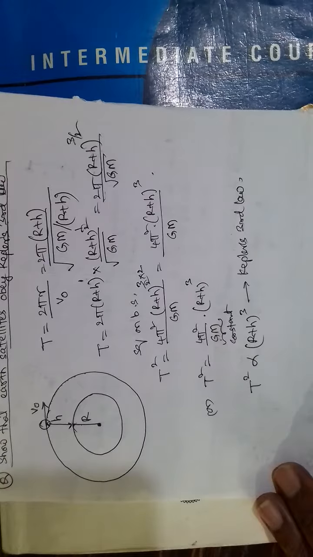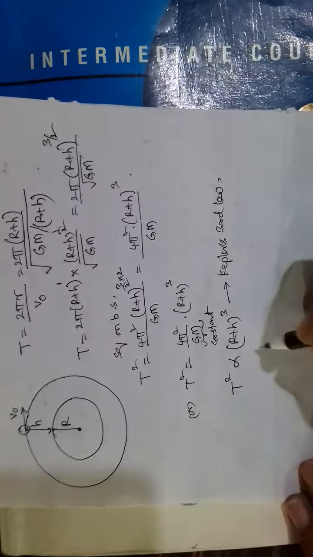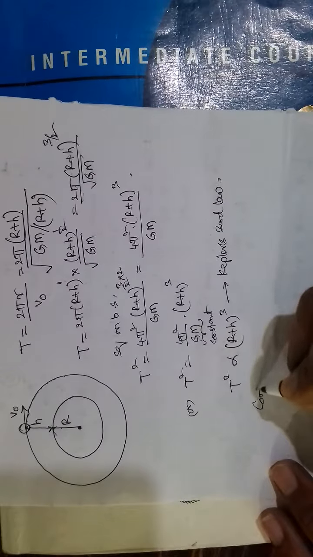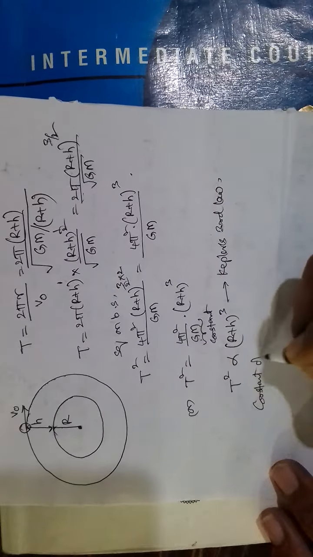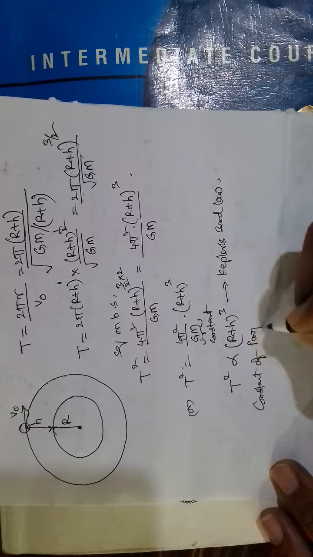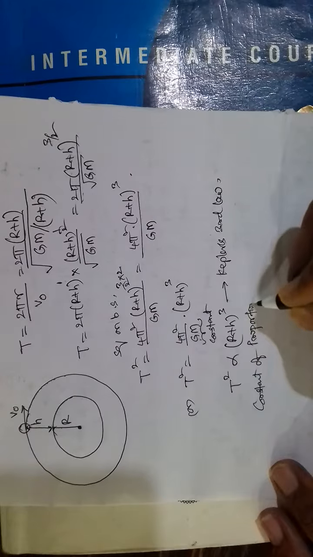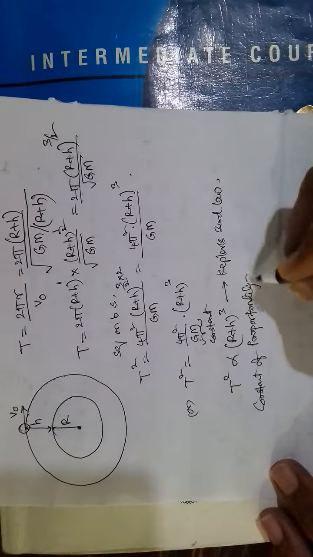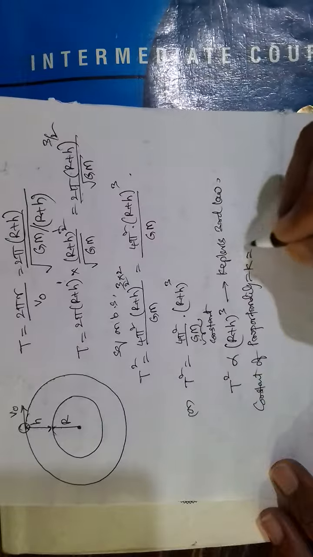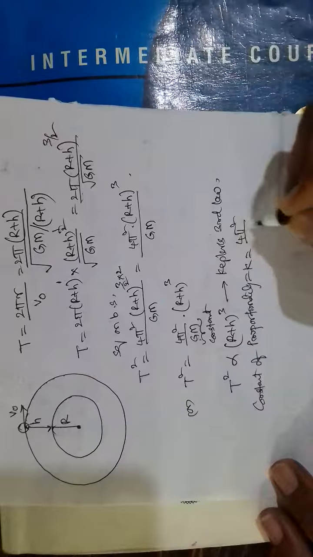This is Kepler's third law, and you remember the constant of proportionality is 4 pi square by GM.